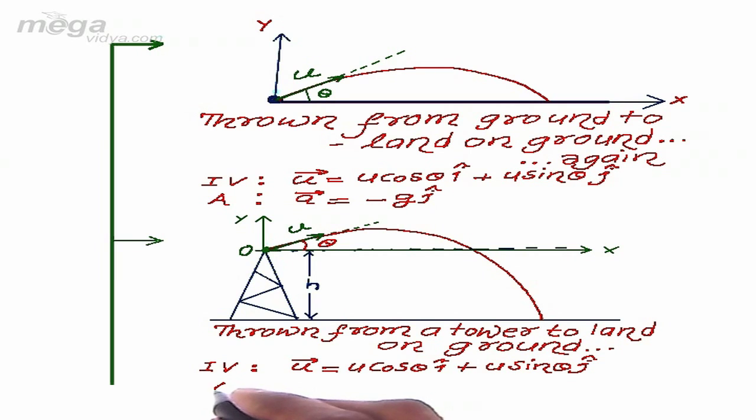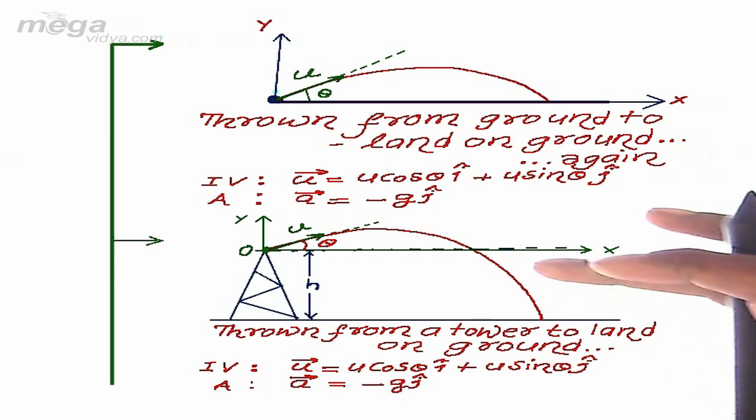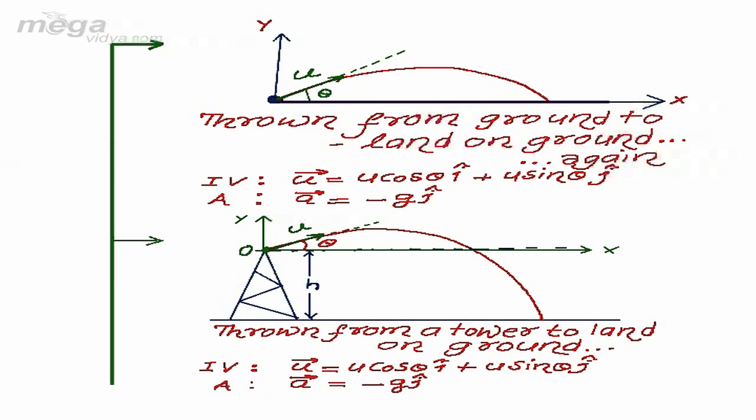And if we talk about the acceleration, here also acceleration can be written as minus g j cap. With these parameters known to us, we can analyze all other factors related to this projectile.